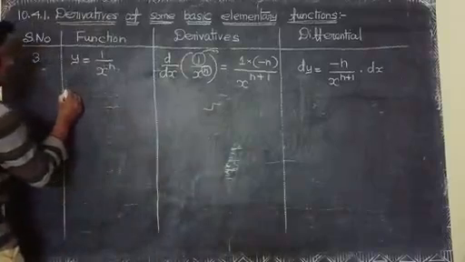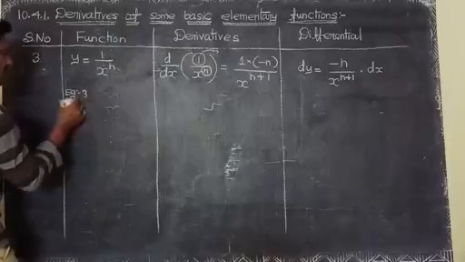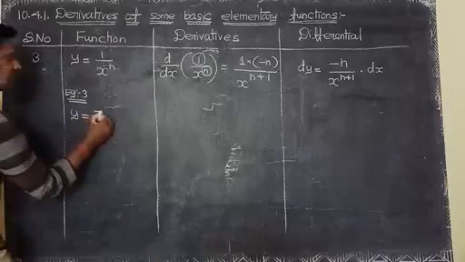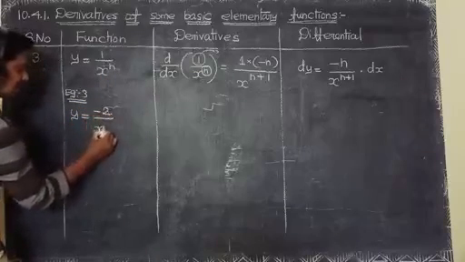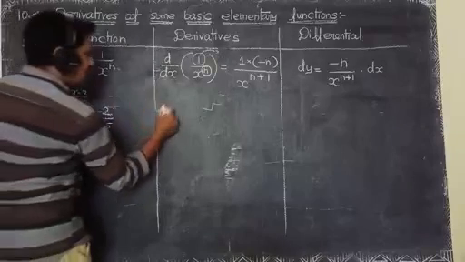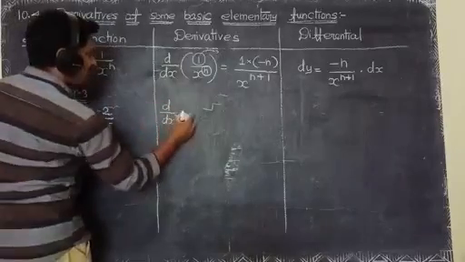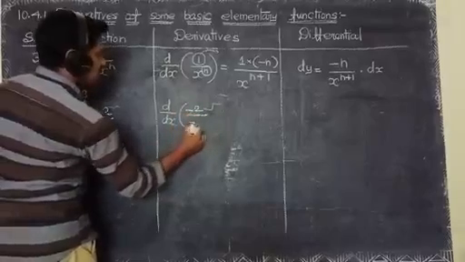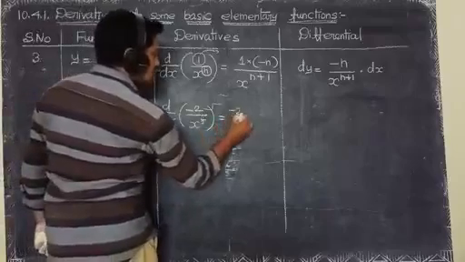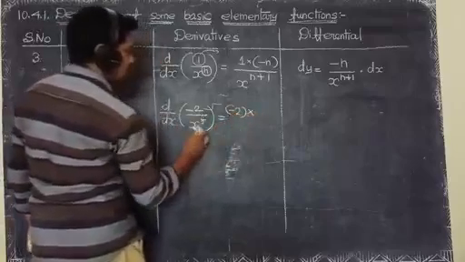Listen, example number 3: y equal to minus 2 divided by x power 5. d by dx of minus 2 divided by x power 5 is equal to minus 2, this is the numerator, into minus n.